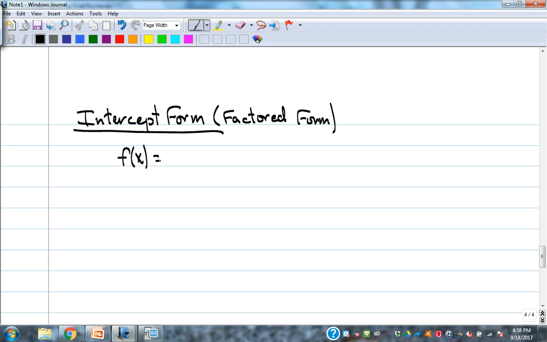If you're dealing with a quadratic function, we know it's quadratic because if you were to multiply it out, you'd get x times x is x squared, and that'd be the biggest power of x that you've got. But that's what it looks like.